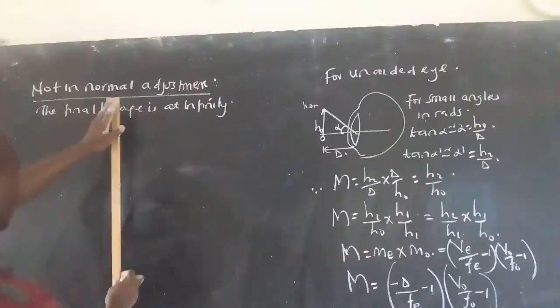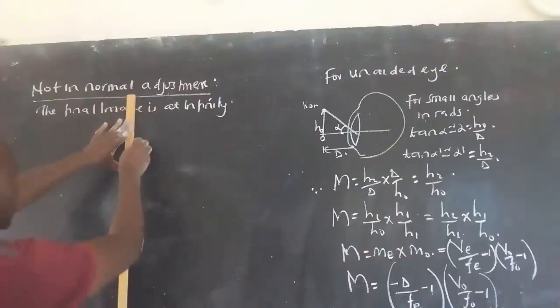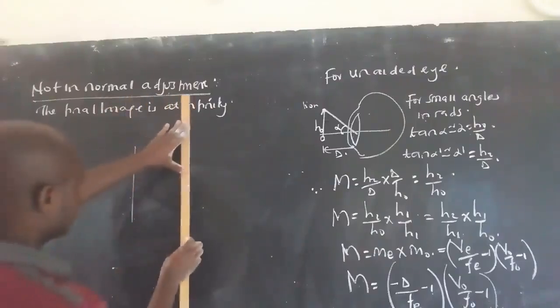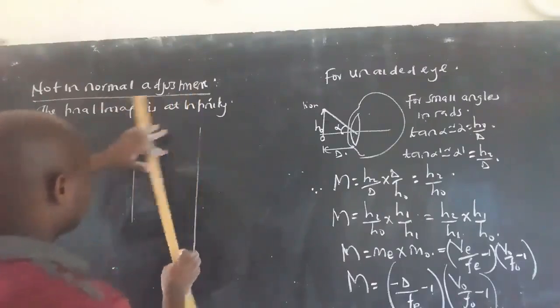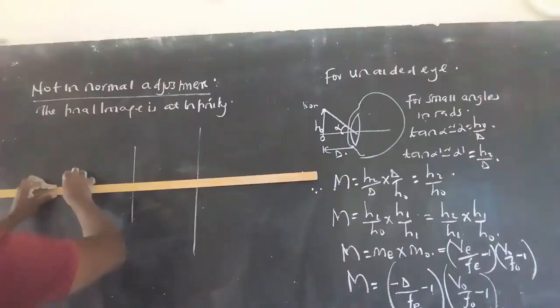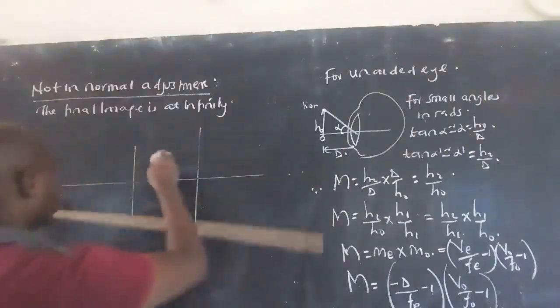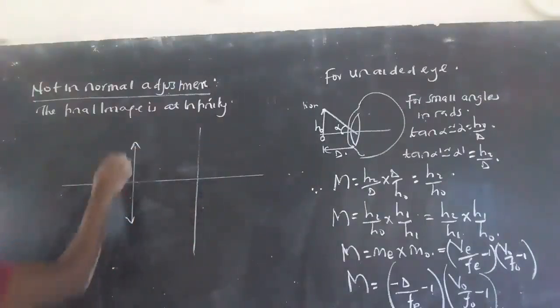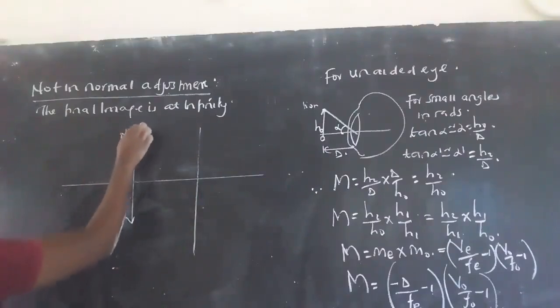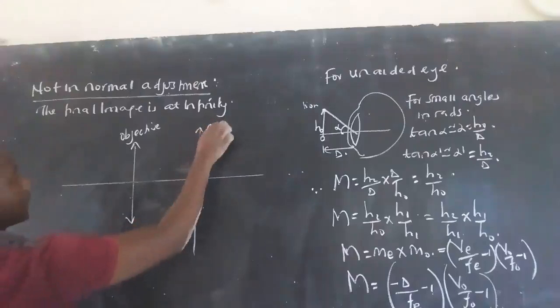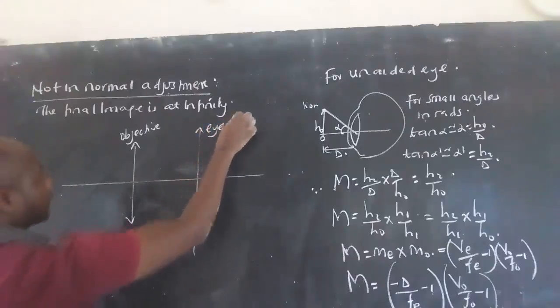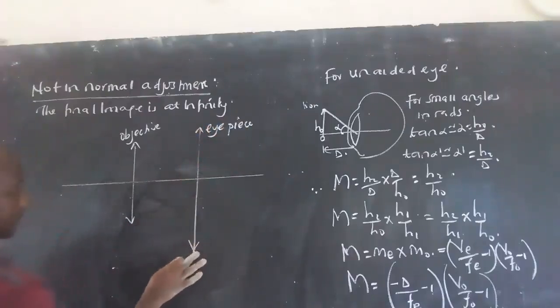So we draw our diagram. These are the two lenses. This one and this one. So this is the objective. This is the eyepiece, like that.